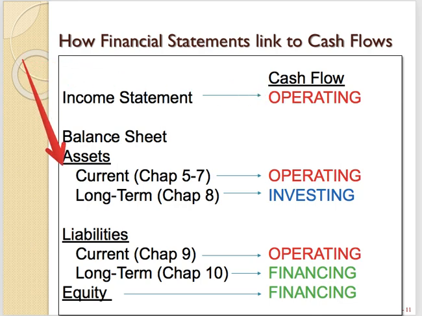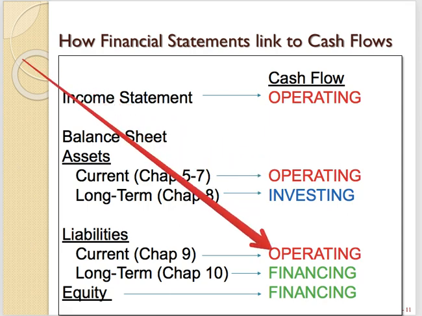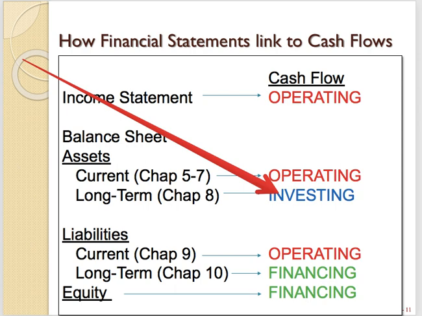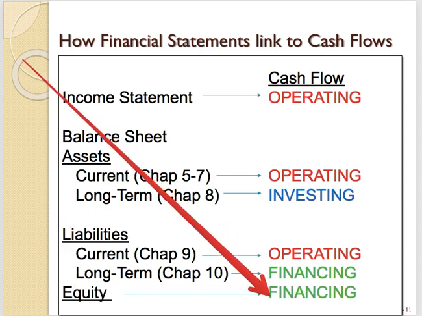For your balance sheet, your current assets and current liabilities are going to be primarily operating cash flows because they have to do with those timing differences with revenues and expenses. And for your long-term assets, your property, plant, and equipment, that's going to be primarily investing activities. And then for your long-term liabilities and equity, those are both going to be financing activities.